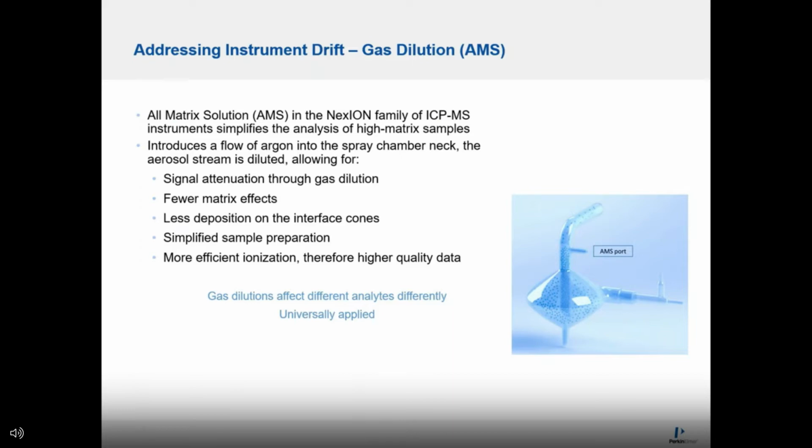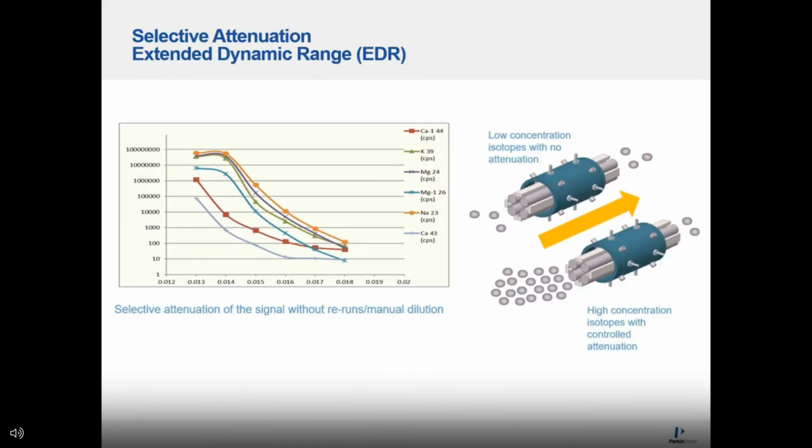For coastal water analysis, we may not only be interested in trace toxic elements, but are also interested in major elements. Since the NexION cell is a true quadrupole cell, it can effect a selective attenuation.